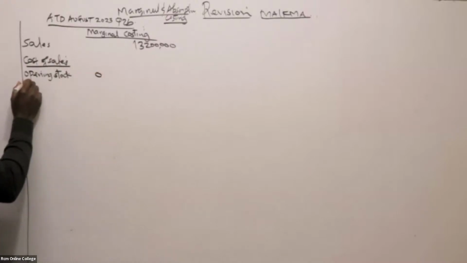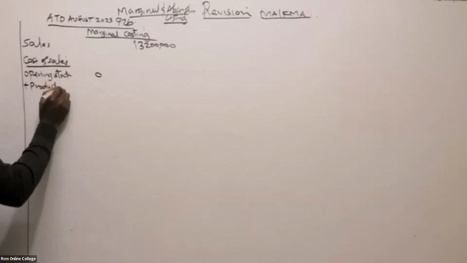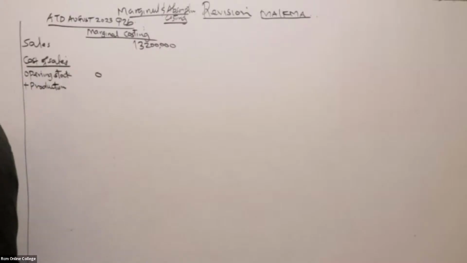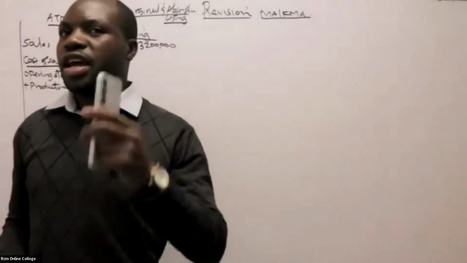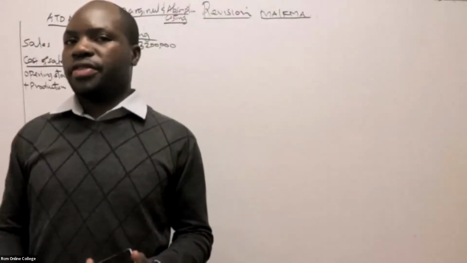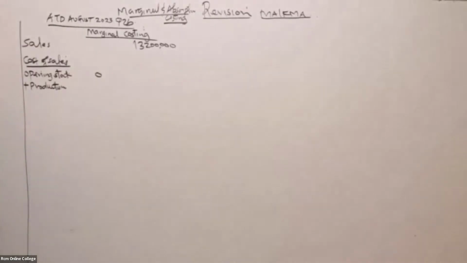How about production? So we add production. Remember, 30,000 units were produced and the production cost per unit under marginal costing, we said, is 350. So take 350 multiplied by the 30,000 units that were produced.